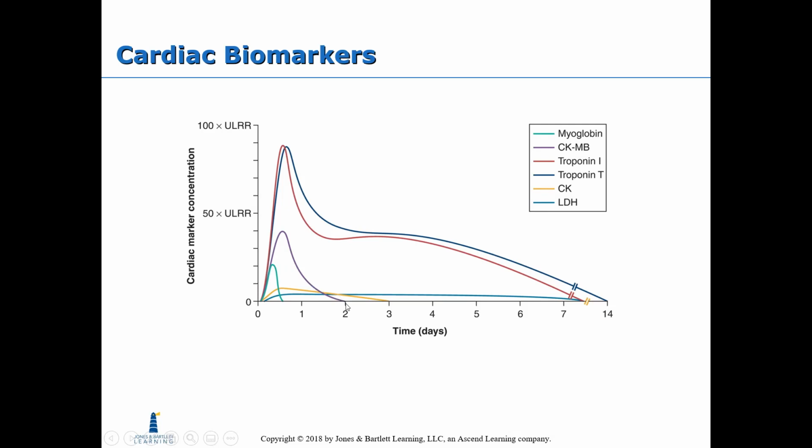CKMB goes away completely after 2 days, while troponin I and T stay elevated for several days after a myocardial infarction. Total CK will be here, and LDH has a mild increase for several days.